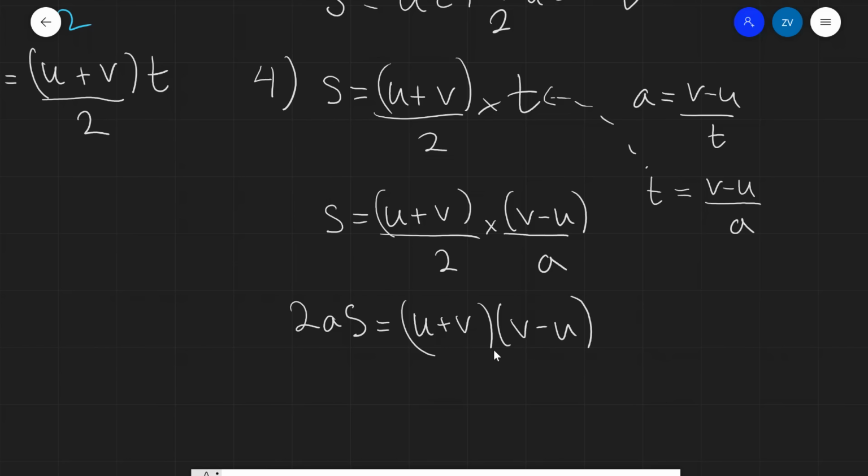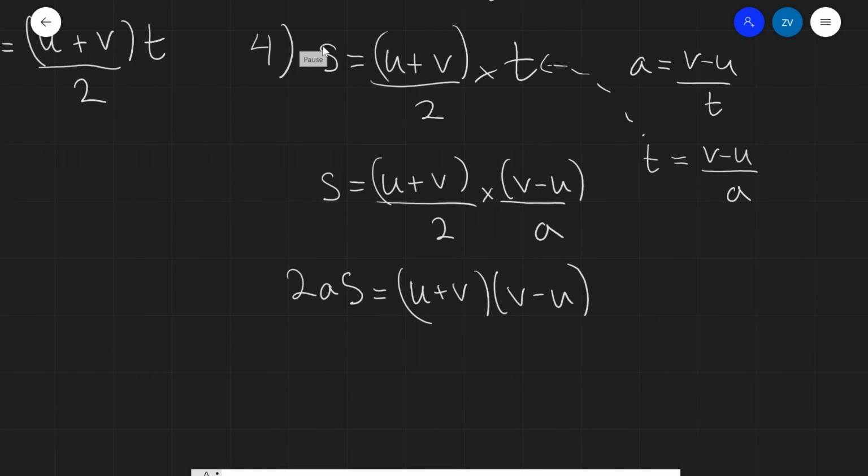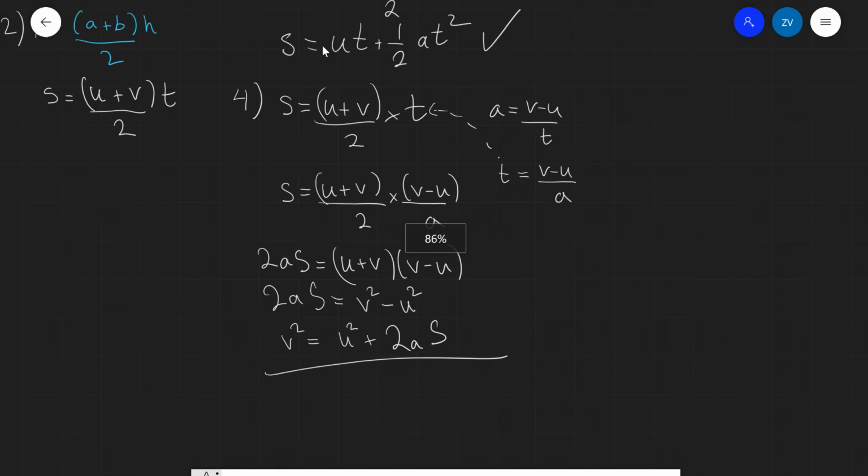Well, if we do the maths, this is equal to 2as is equal to v squared minus u squared. Let's rearrange that for v squared. So v squared will be equal to u squared plus 2as. And we've now proven the fourth SUVAT equation.